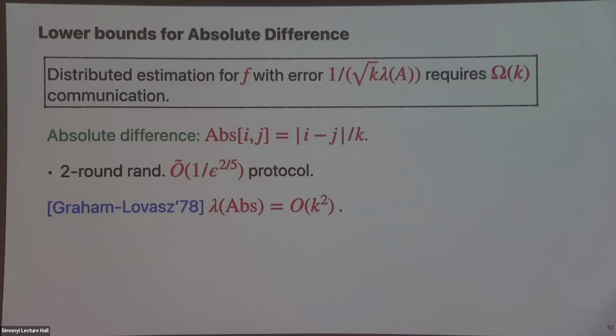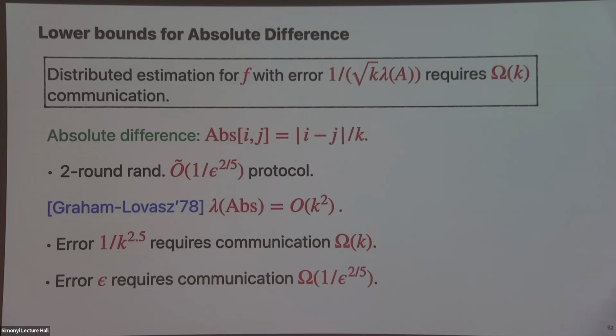They were interested in shortest path metrics on trees and what these matrices look like, what their inverses look like. In the course of that, they had to invert the matrix absolute difference of i minus j, which is the distance on the path. So that's why they were interested in this. Anyway, they proved this bound, and when you plug this in here, it tells you error 1 over k to the 2.5 requires communication omega k, and you stare at it, and it's exactly saying that our protocol is tight.